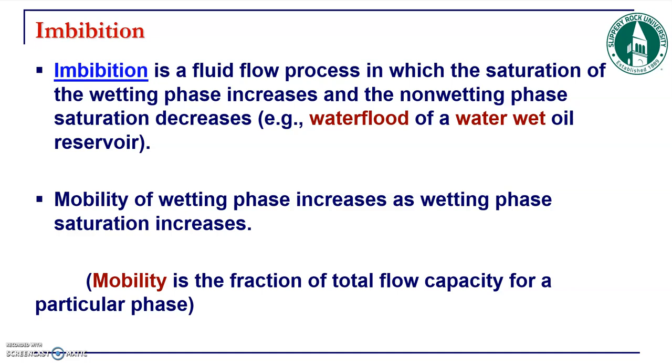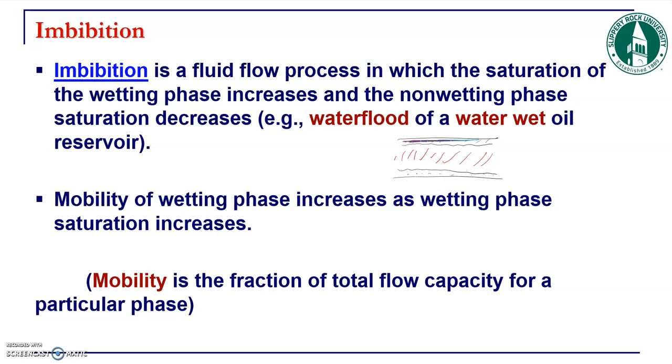So let's assume that you have a rock, and you have a pore, and this is a water wet pore. So you have a layer of, let's say, water on the surface, and then you have oil inside. Now what you do is inject water.